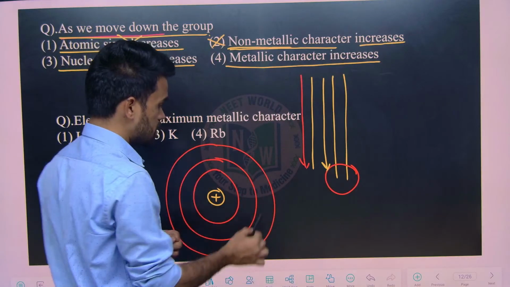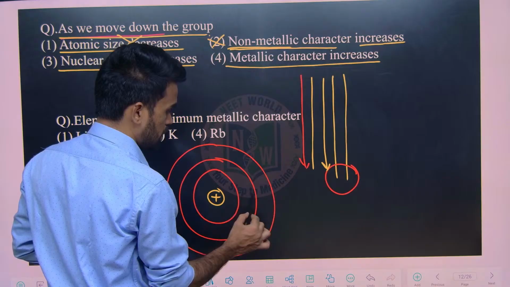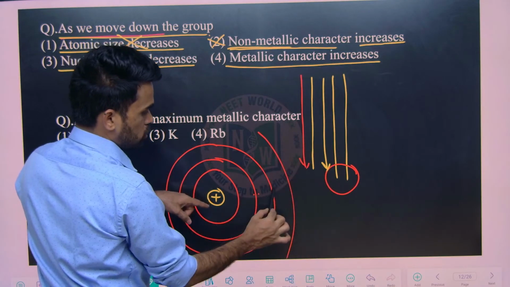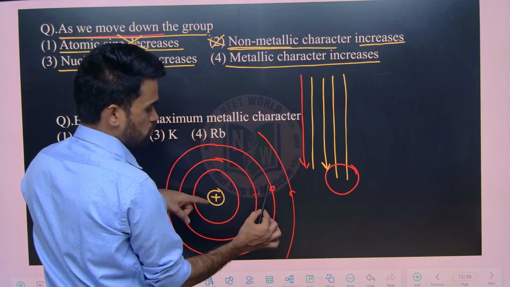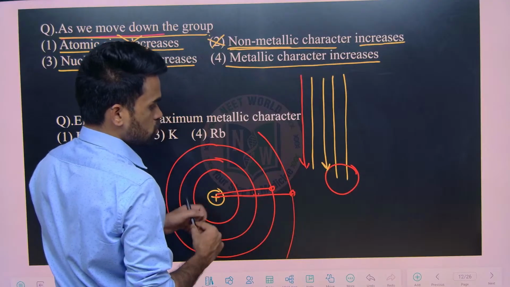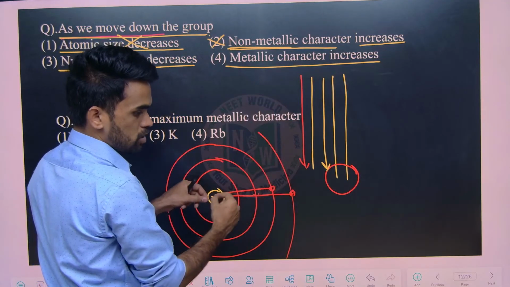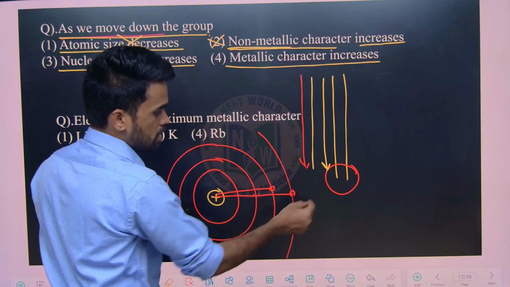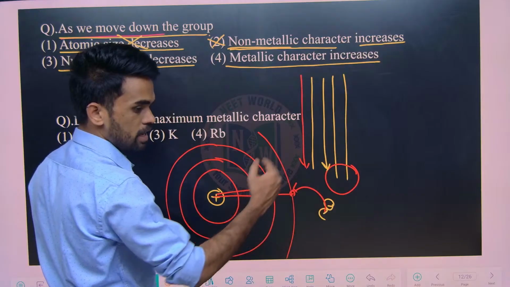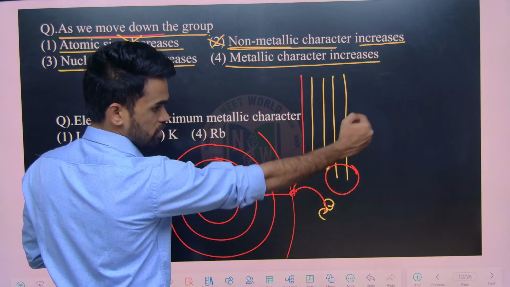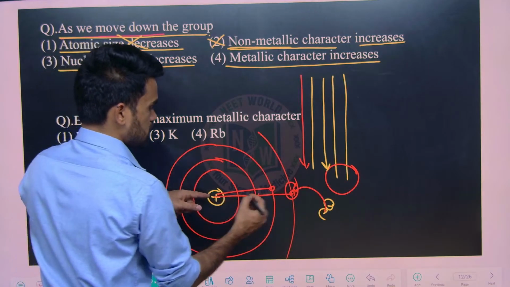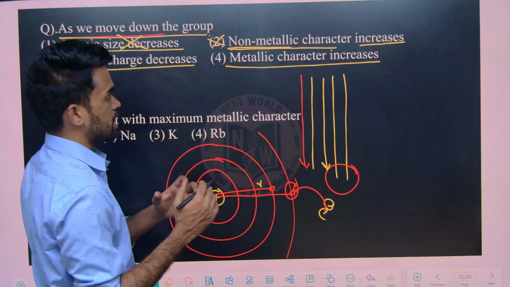Size increases because electrons are added into a new nth level, a new shell. So as we move down the group, the atomic radius increases because the newly added electron enters a new, higher energy shell. This distance is increasing, which means radius and size are increasing.